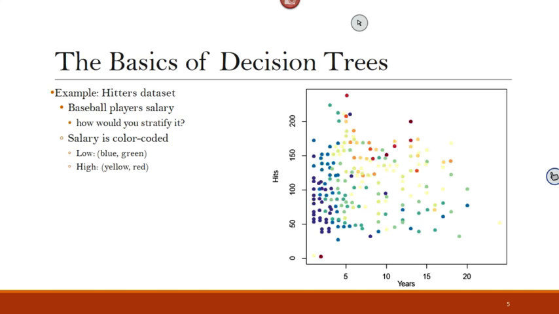And the less the years of experience or the smaller the number of the hits, we're expecting their salary to be low. Okay, so this is the answer in here. Of course, the color coded is the answer for our problem. But we know it's a supervised learning problem, so we know the answers, or we know the outcome in here.